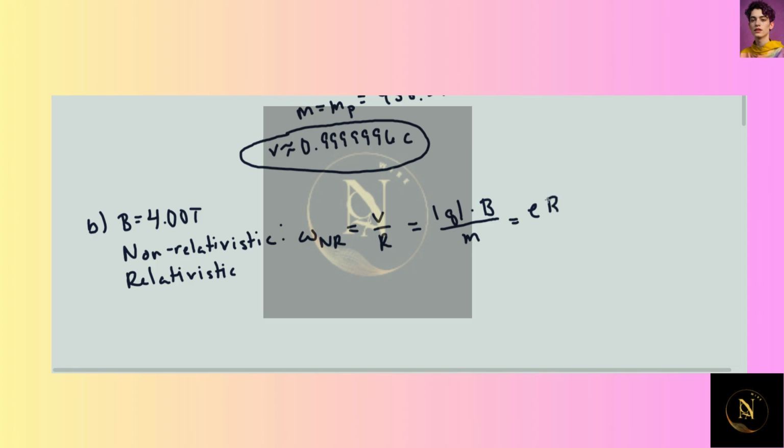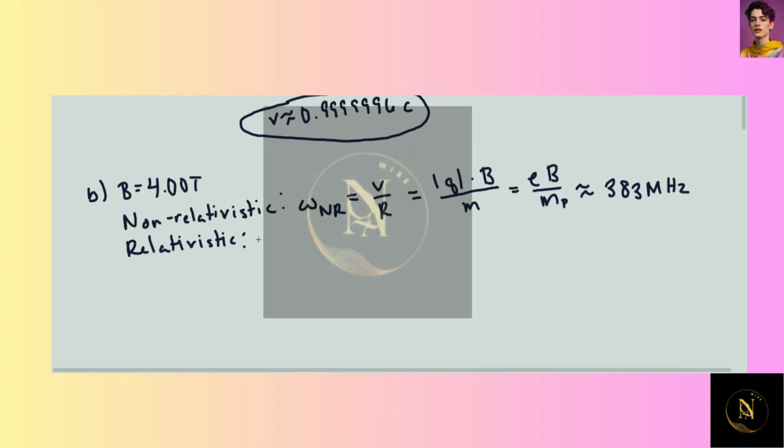In this case, it's EB over Mp, which if we plug in the numbers, and remember the elementary charge is 1.602 times 10 to the negative 19th coulombs, we get that this is about 383 megahertz.